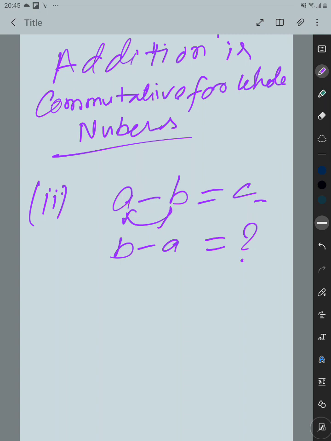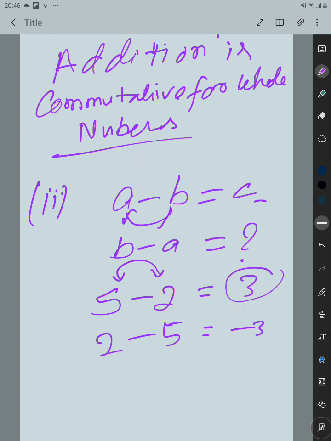Take any example. 5 minus 2, you will get 3. If you change the order of these numbers, 2 minus 5, what will you get? Minus 3.